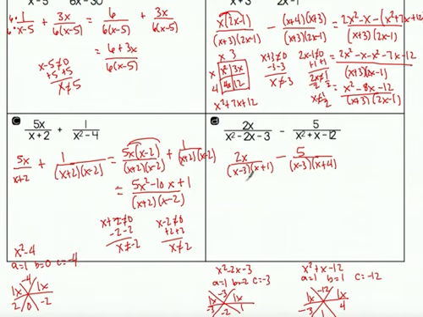So I noticed that this has an x minus 3, they both do, but this one has an x plus 1 and this one has an x plus 4. That means that my common denominator is going to have to be x minus 3 times x plus 1 times x plus 4. So I'm going to have all three of those pieces.